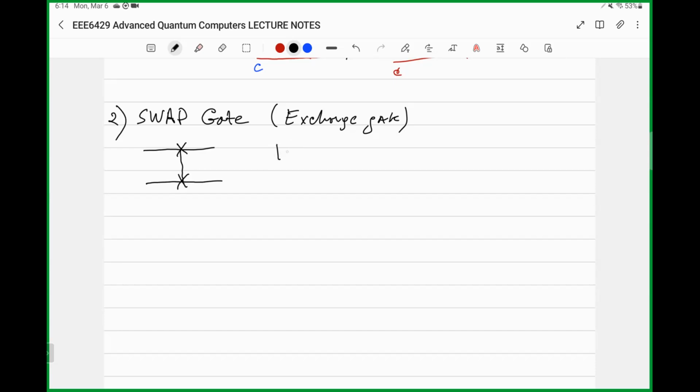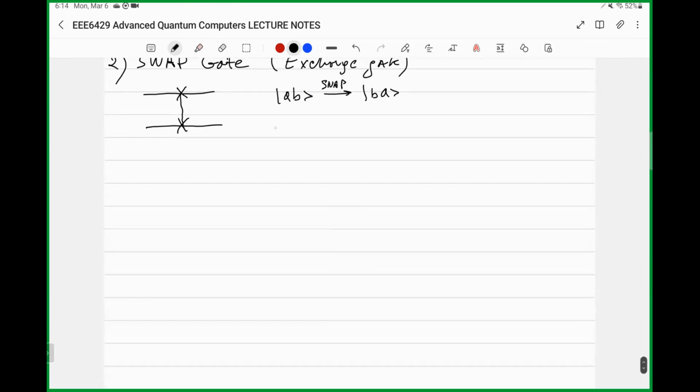So if you have a state like AB, then if you apply this swap gate, you will get the state BA as a result. For example, if you have the state 0, 1, then swapping, again, this one is first, this one is second, the result will be simply state 1, 0. And vice versa.